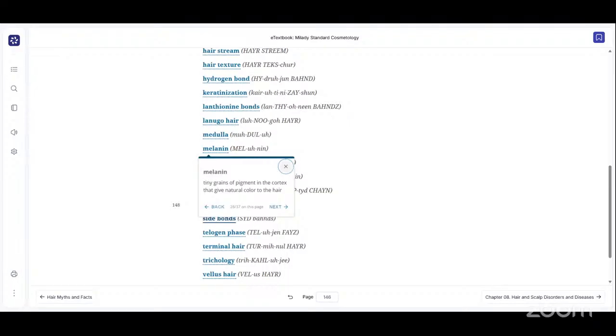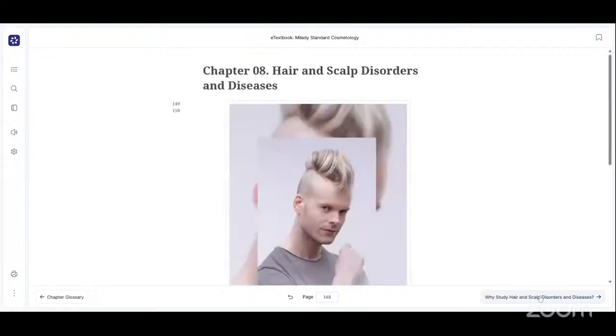We will continue to talk about it, but these were just some terms I wanted to introduce to you as we prepare to close out. Please study your terms. Know your terms. It's very important for cosmetologists to know what you're talking about.